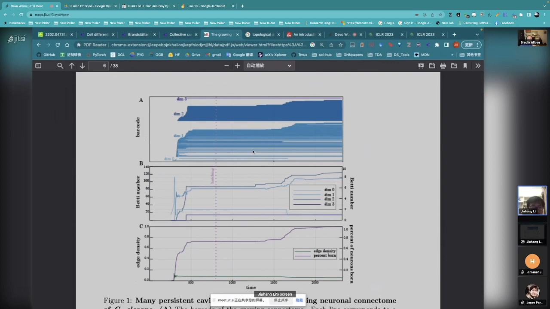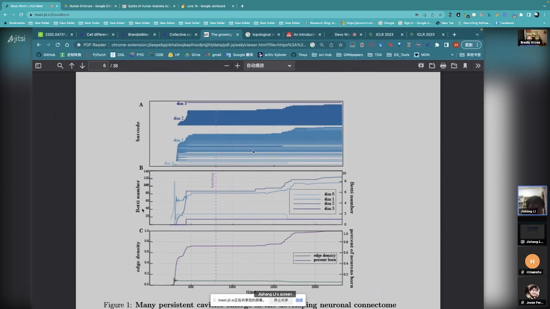Barcode and Betti numbers are names from homology theory, especially persistent homology.